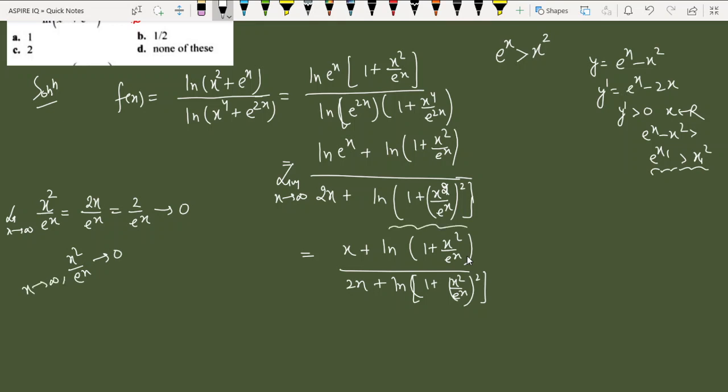So this whole expression is 0. You can write limit x tends to infinity, x upon 2x, 1 by 2 is the answer. Why is this expression 0? Because x square upon e to the power x is 0, so ln 1 plus 0 is ln 1, which is 0, right? So the answer is half.